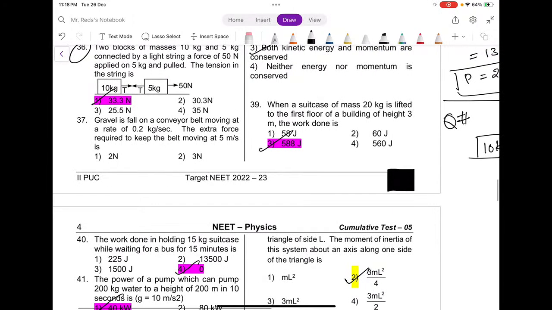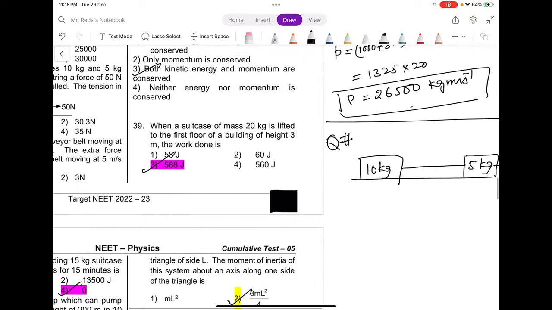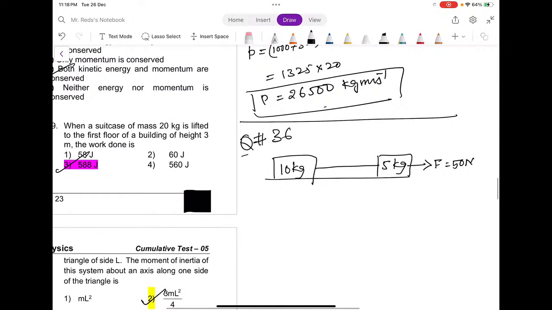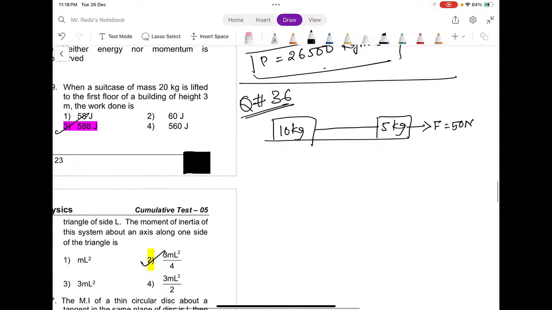Question number 36. Now you are asked to find the tension in the string. Let us say this is the tension T here, away from the point of contact. But let us say the system is moving with acceleration to the right because the force is acting to the right. So you can say acceleration of the system is equal to net force by total mass.